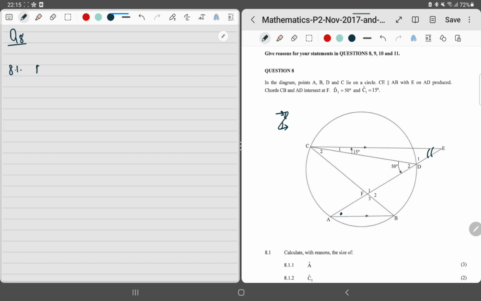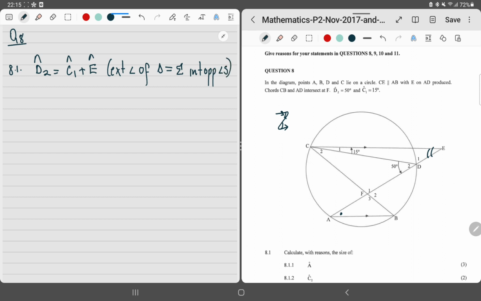And then D2 is equal to C1 plus E, exterior angle of a triangle is equal to the sum of the interior opposite angles. D2 is 50, C1 is 15 plus E.